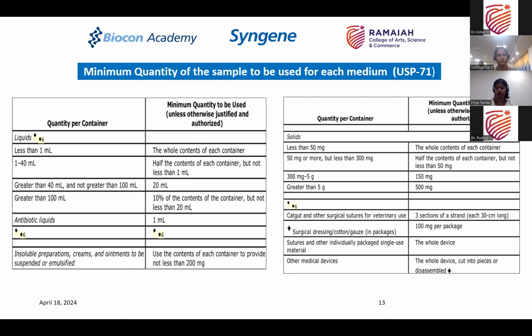You can also classify culture media based upon the ingredients we are going to use, that is, the chemicals used for the preparation of the culture media. You can classify them as natural media, synthetic media, or semi-synthetic media. What is the meaning of natural media?